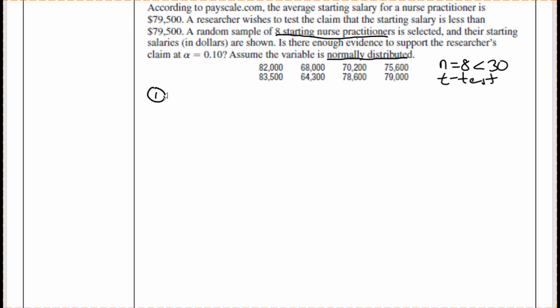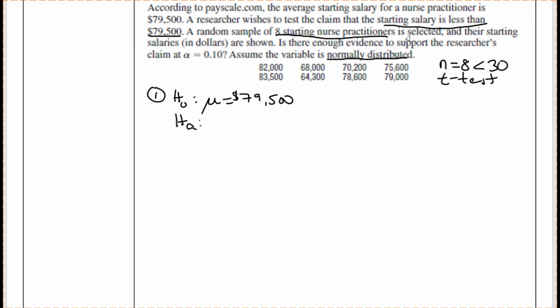So step 1, our average starting salary is $79,500. And it says, is there enough evidence to support the researcher's claim at alpha equals 0.10? So actually, in this case, this is not going to be the claim, because it says a researcher wishes to test the claim that the starting salary is less than $79,500.